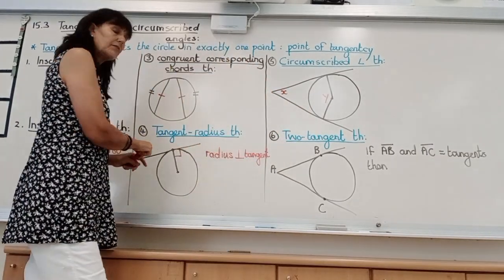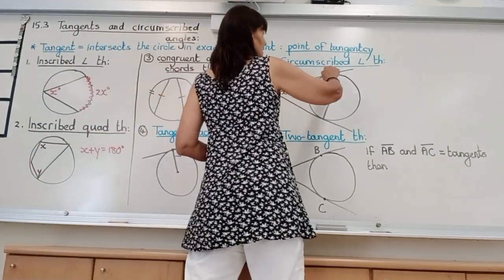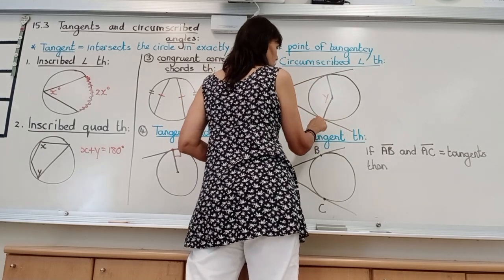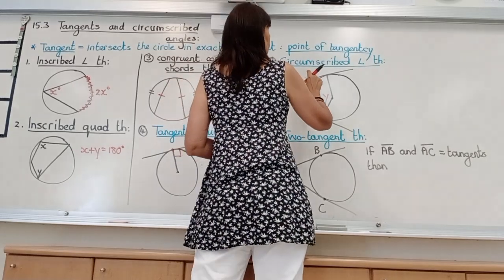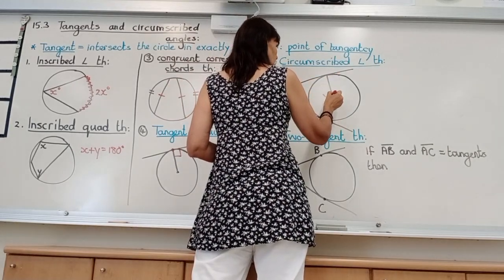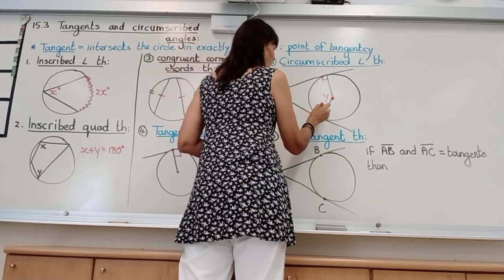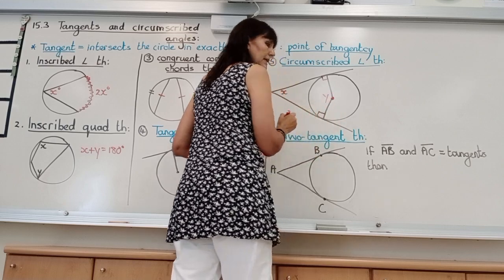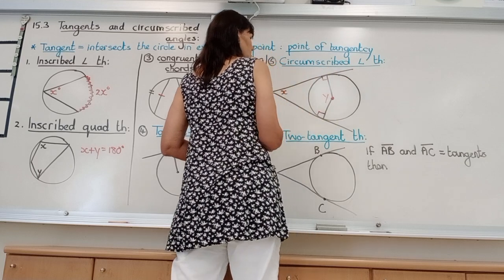We already have our tangent radius theorem. Now this is a tangent, it's only making contact once. This is also a tangent, it must be tangents, otherwise this theorem doesn't work. This is a radius, here's my center of the circle, so I know this one is 90 degrees. I know this one is 90 degrees. Tangent perpendicular to the radius, or radius perpendicular to the tangent.